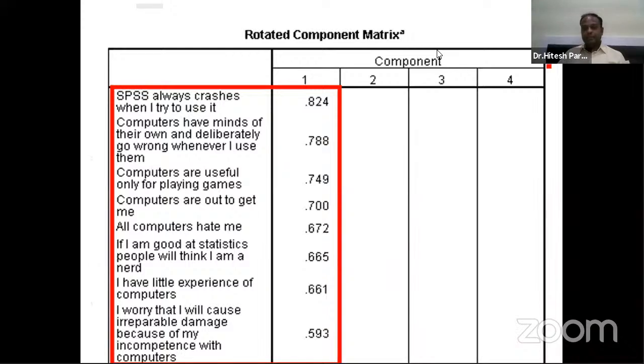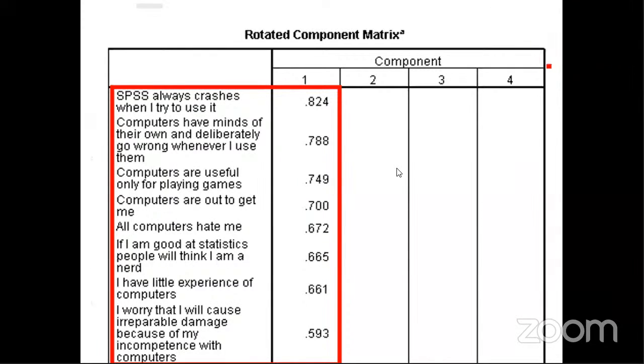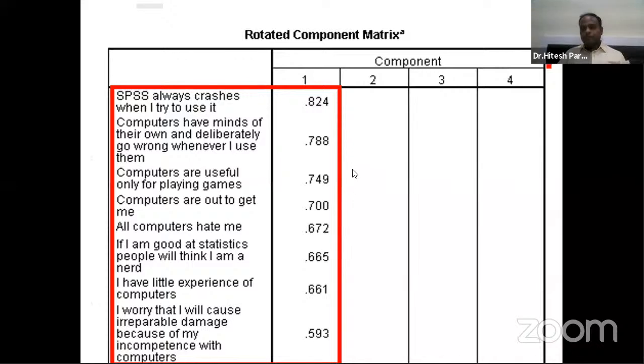Somebody has raised their hand. Please ask the question. Sir, why are all the numbers in one factor? Why are there no numbers in 2, 3, and 4? Actually, we have given sorted by size and suppress coefficients less than 0.5.